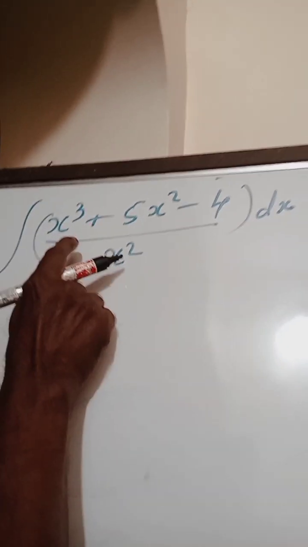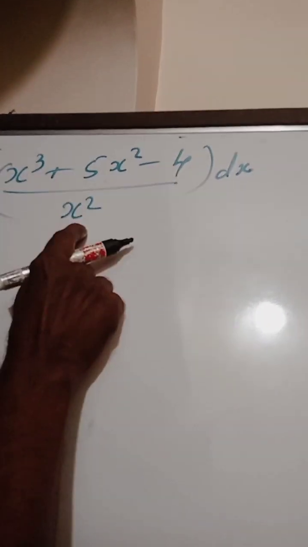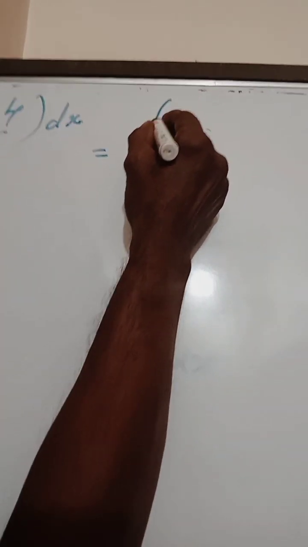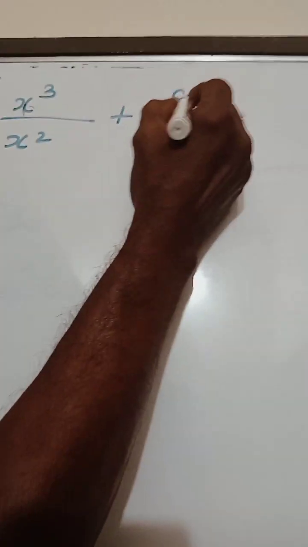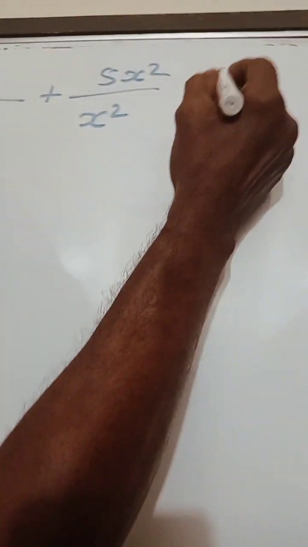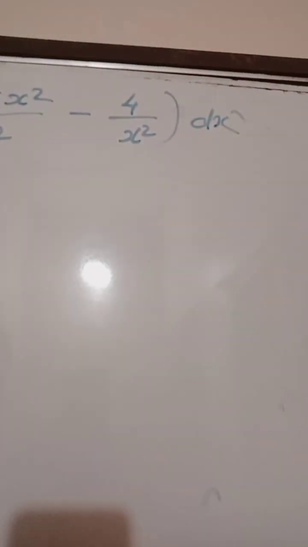10th question is integration of x cube plus 5x square minus 4 the whole divided by x square into dx. This is equal to integration of x cube by x square plus 5x square by x square minus 4 divided by x square into dx.